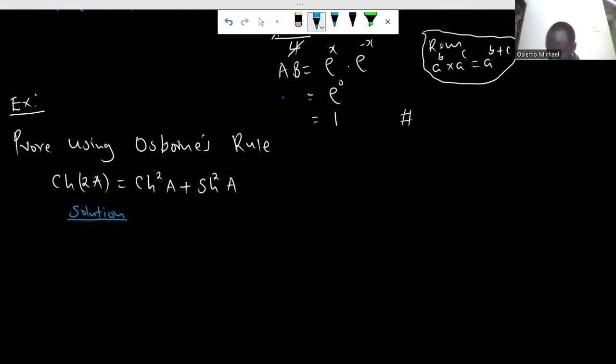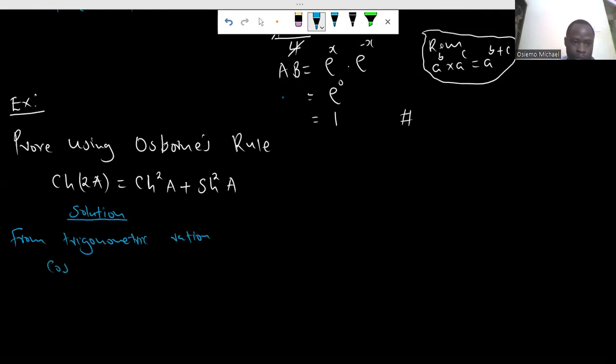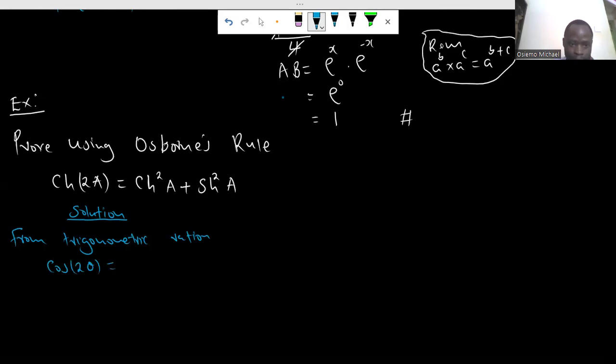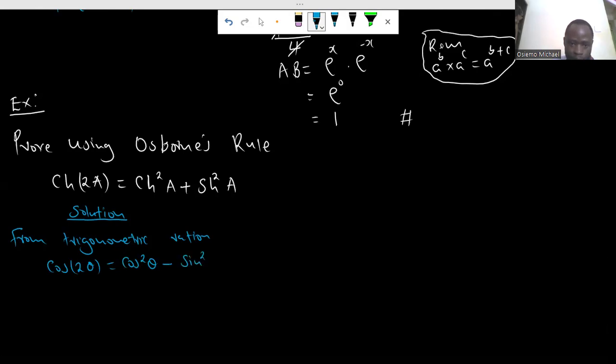So from the trigonometric ratio or identity, cos 2 theta is equal to cos squared theta minus sine squared theta, right?